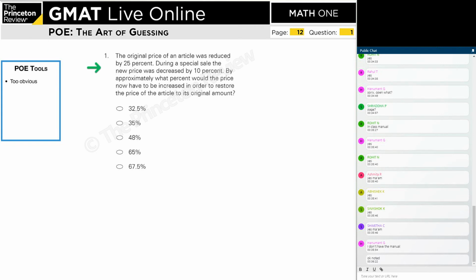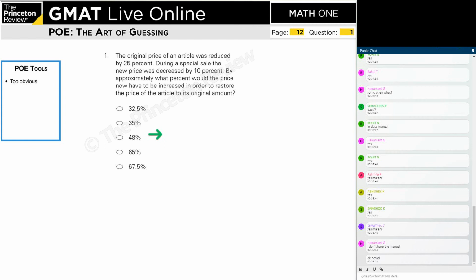For example, let's say you are sitting at the test center and up pops this question. The original price of an article was reduced by 25%. During a special sale, the new price was decreased by 10%. By approximately what percent would the price now have to be increased in order to restore the price of the article to its original amount, right?